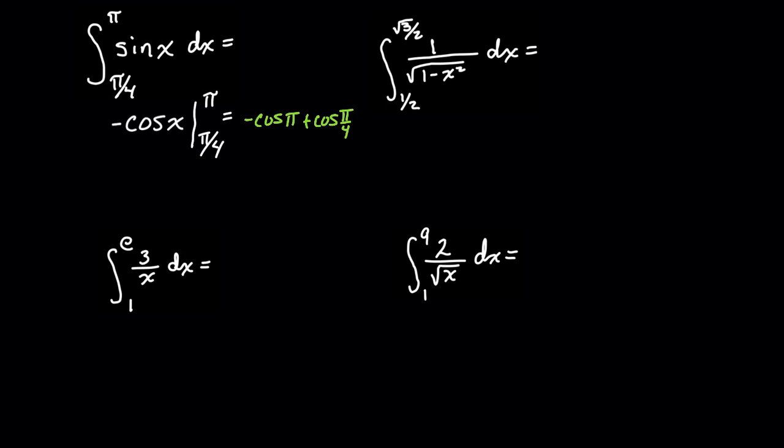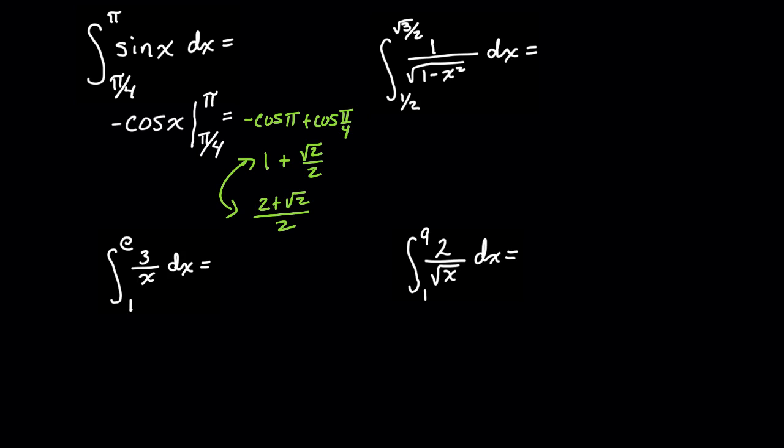Cosine of pi is -1, so -1 would be a +1. Cosine of pi over 4 would be √2 over 2. So your answer could be written this way, or as a single fraction would be 2 plus square root of 2 all over 2. Either way is okay on this.